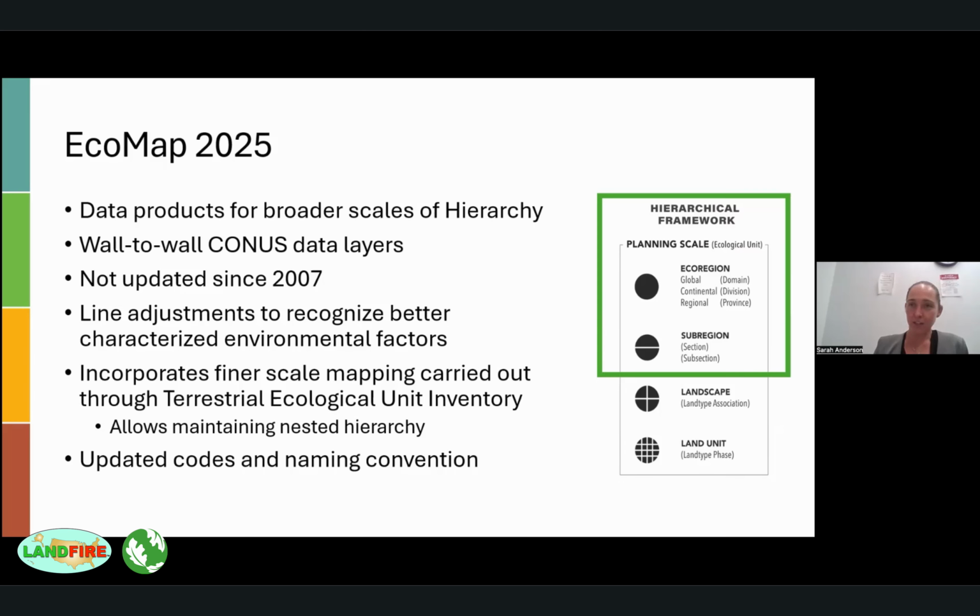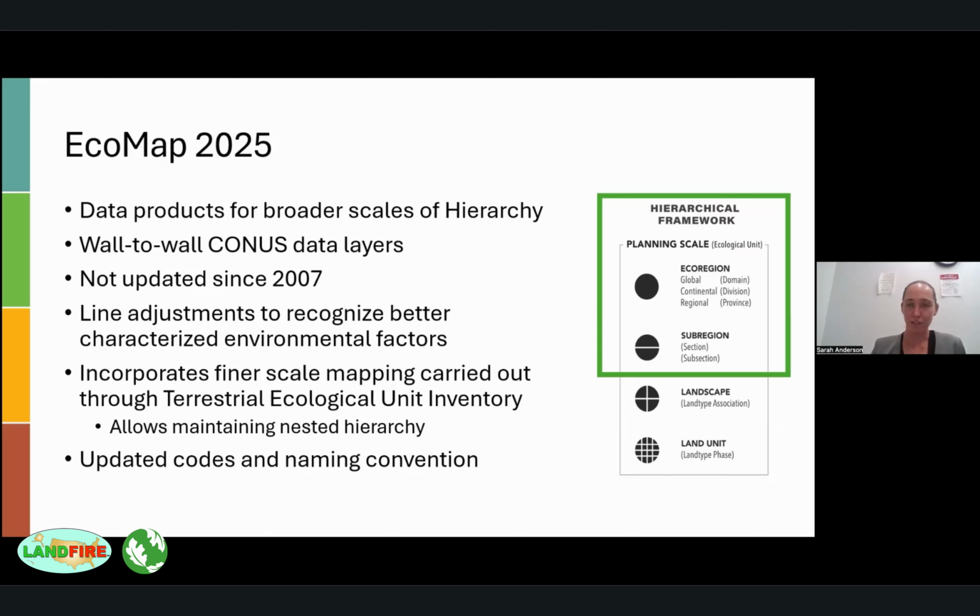And then another change that we made in this version of the EcoMap product is updating codes and some of the naming conventions to make it a little bit more consistent. Historically, especially at the province level, we recognized those different provinces that captured mountain ranges with an M prefix. But when you're trying to code or organize data and you have everything being a three-digit numeric code except for a handful of mountainous areas, it became a little bit annoying to handle.